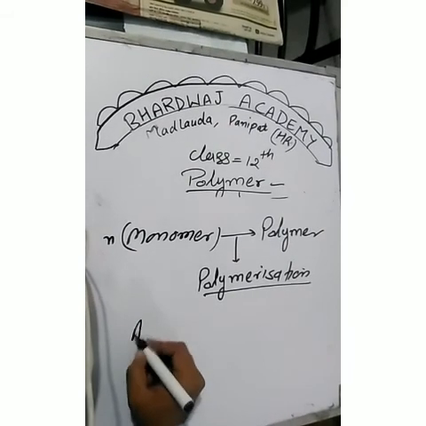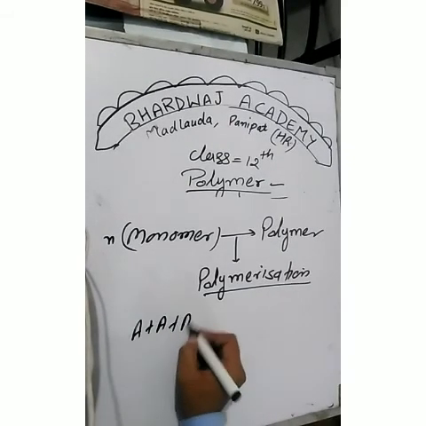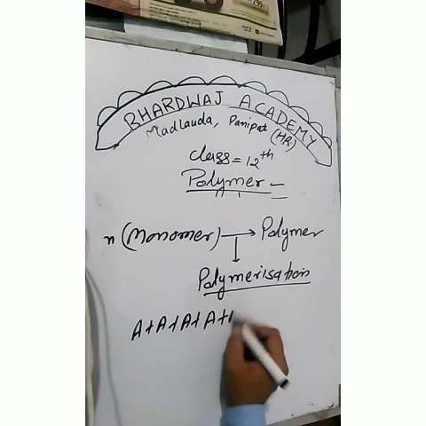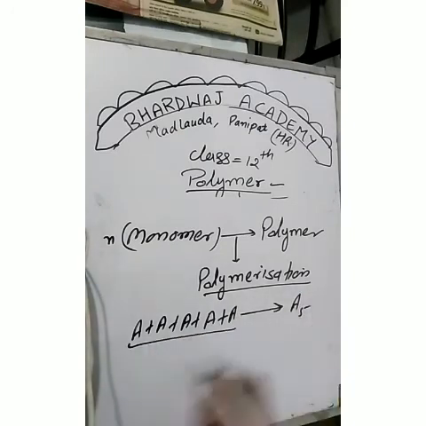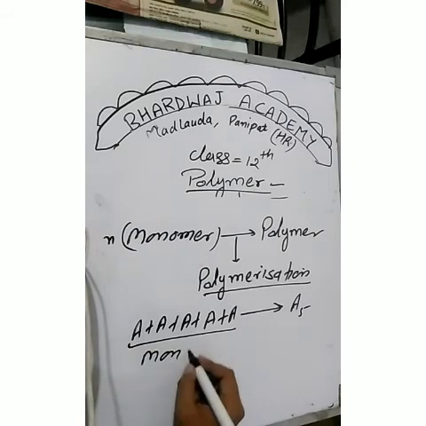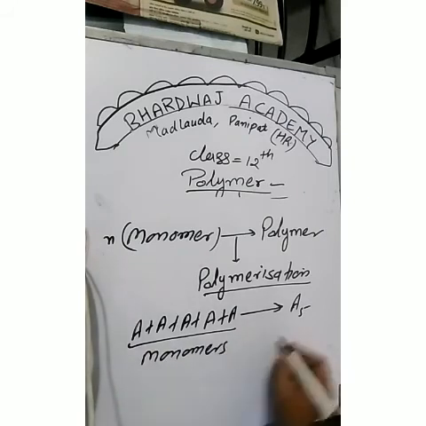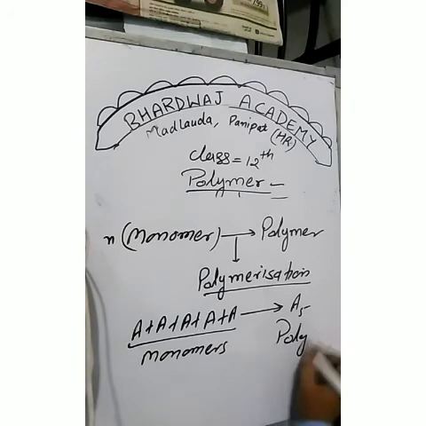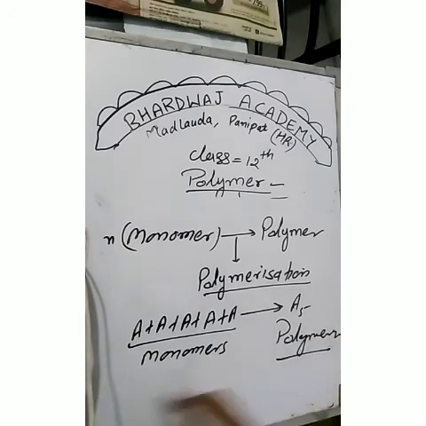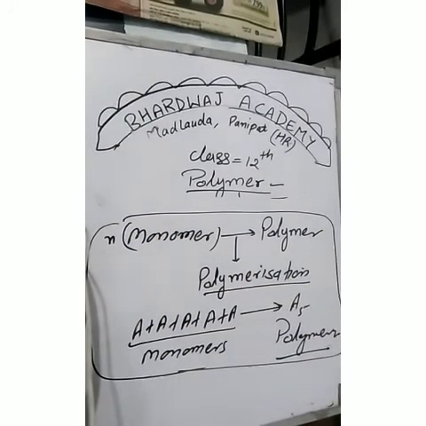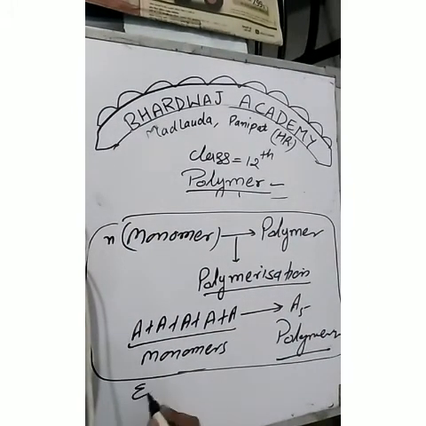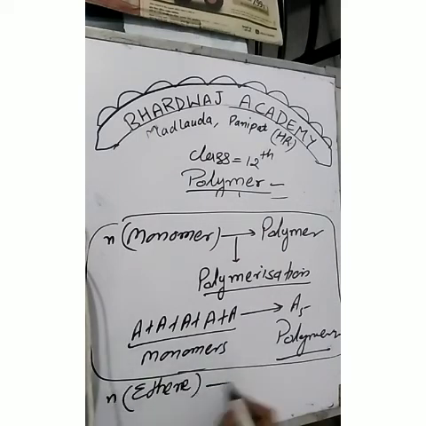For example, A plus A plus A plus A plus A combine together, they form A5. These A's represent the monomers and the A5 represents the polymer, and this is the definition of polymer. The perfect example of a polymer is many units of ethene combined together, which form polyethene.